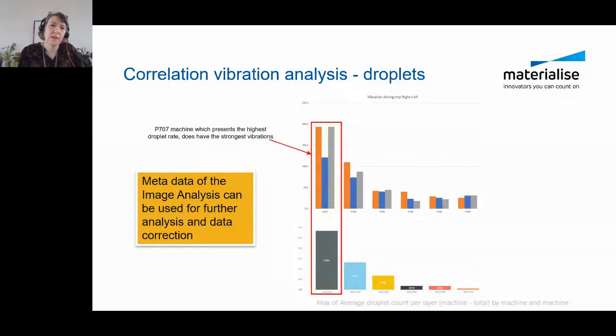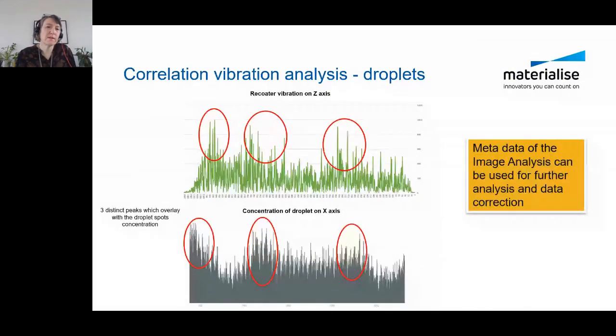We all measured vibration on them, and we could really see a correlation of the vibration on the recoater and the amount of droplets that were generated on average per layer for that specific machine. As said, we have a lot of metadata available. You can also start counting the vibration per axis, because we also measured that in different directions.